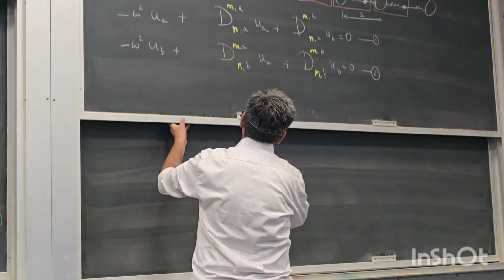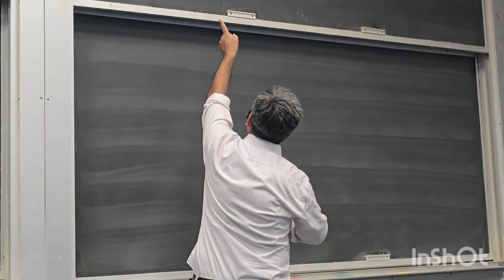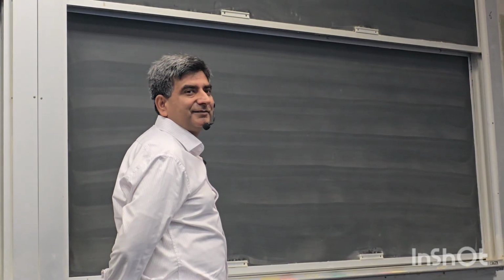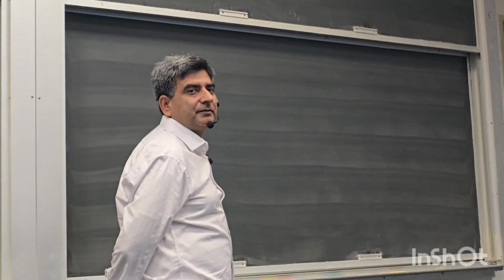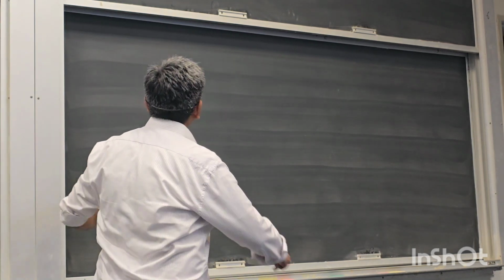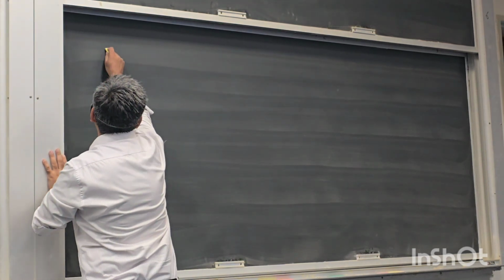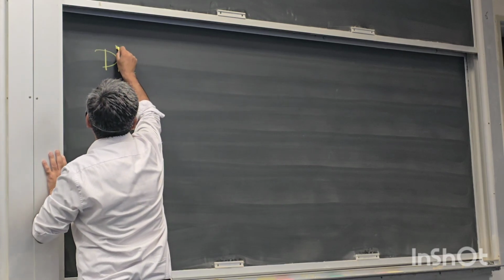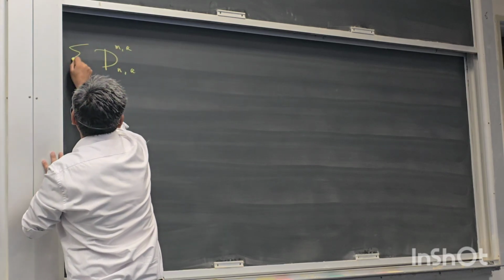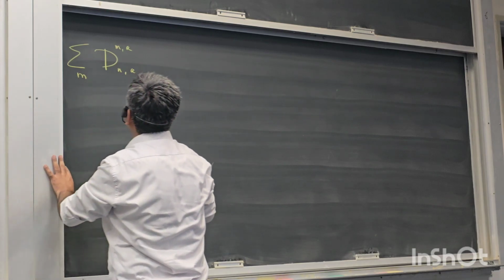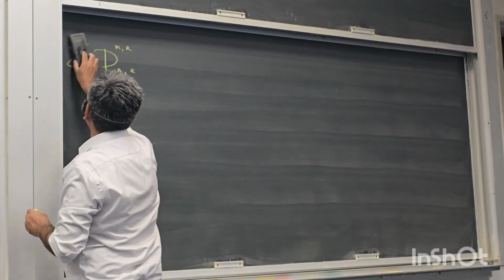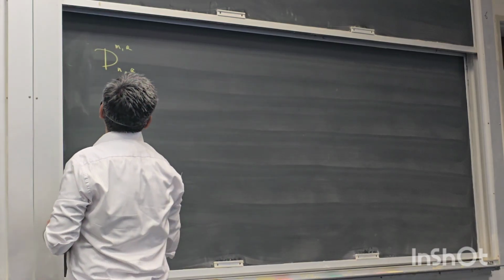Now let's look, there are 4 kinds of Ds. So if I take D_NA MA and sum over M's, right? So D_NA MA is this term.